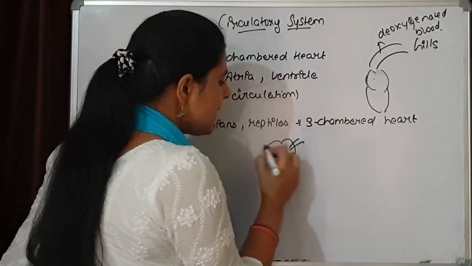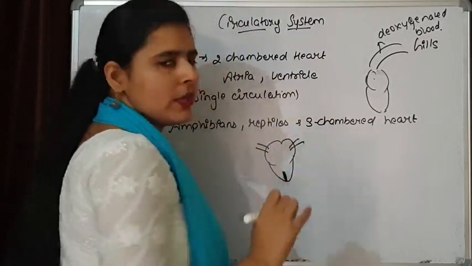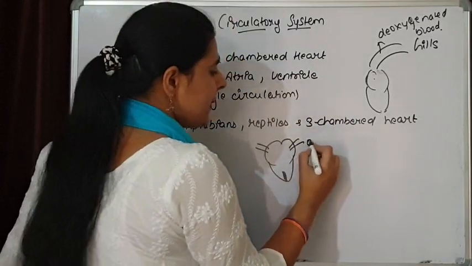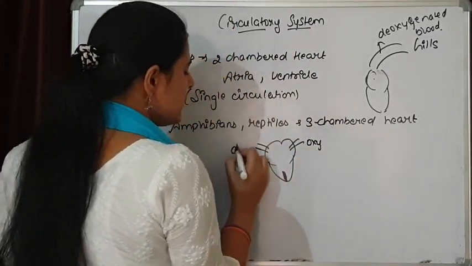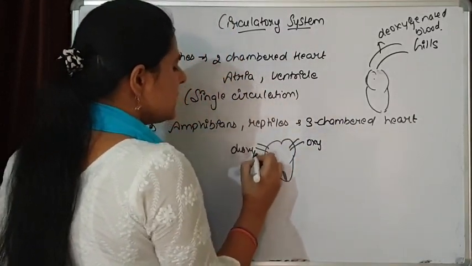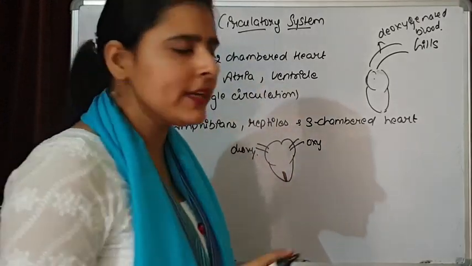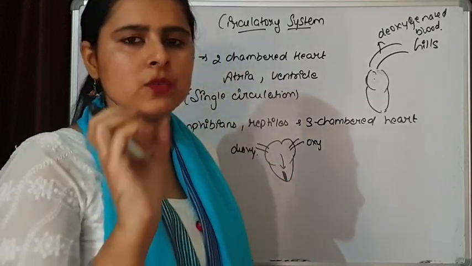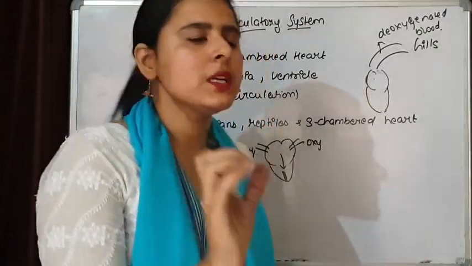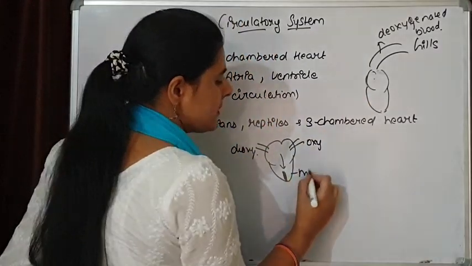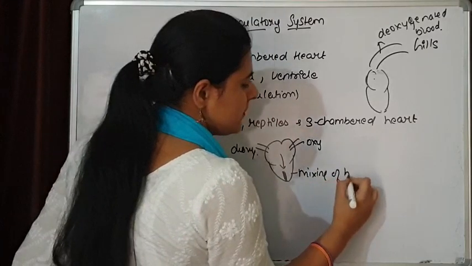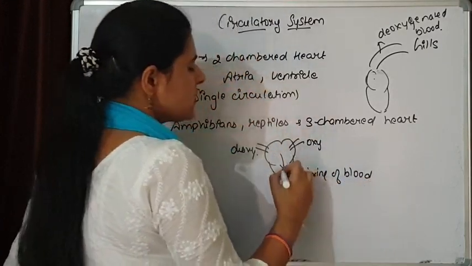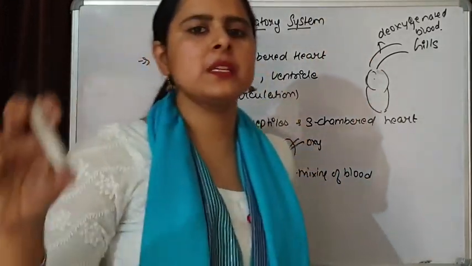The two auricles are going to receive different type of blood. The left side is going to receive oxygenated and the right side is going to receive deoxygenated. But later on, when this blood is coming in the ventricle, because there one single ventricle is present, mixing of blood takes place, and heart is going to pump out this mixed blood.